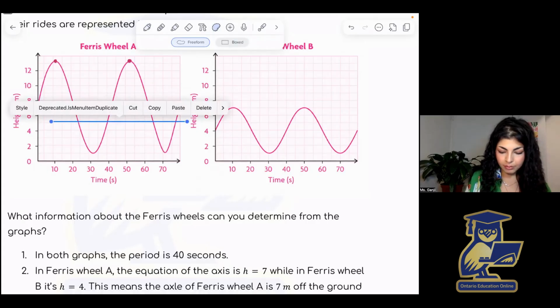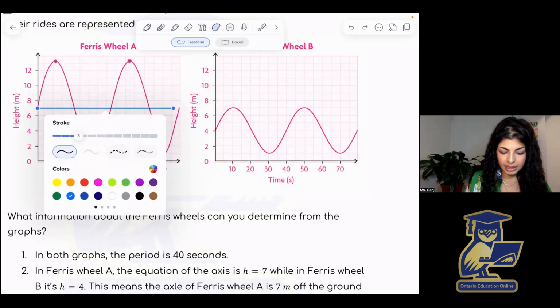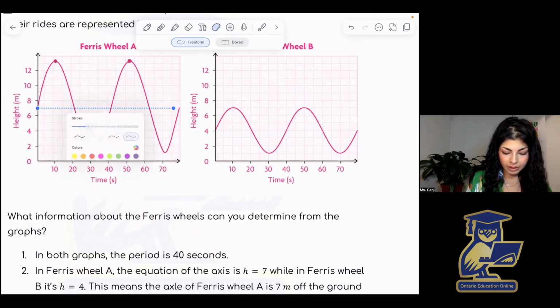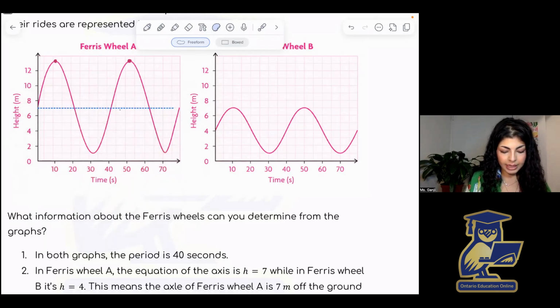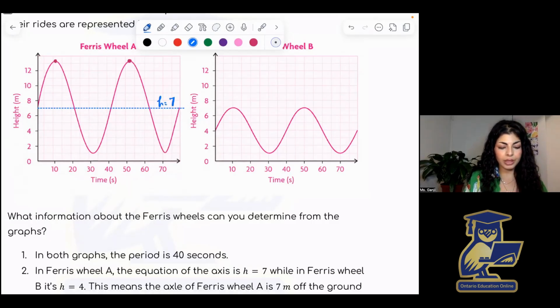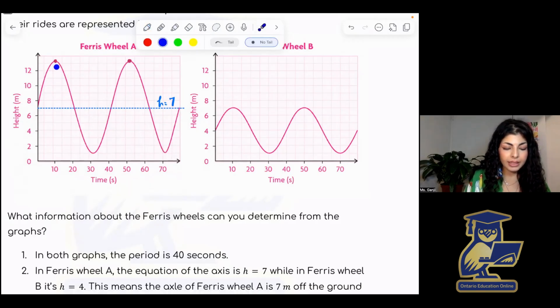So again, this is going to be a dashed line, h is equal to 7 because we're looking at height. And now I can also check that the distance from this equation to the maximum is the same as the distance from here to the minimum.